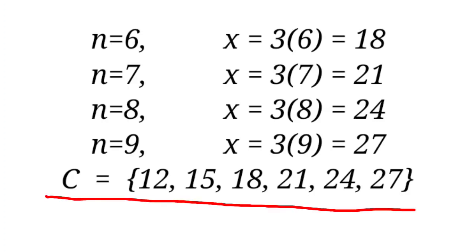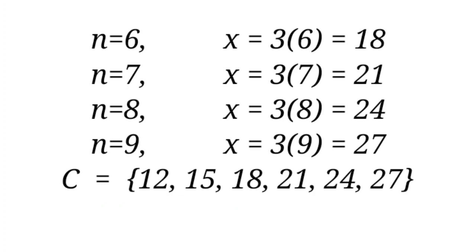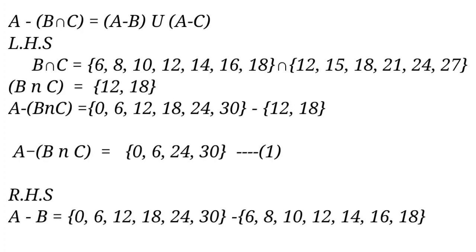Therefore, C is equal to {12, 15, 18, 21, 24, 27}. We got the roster form of A, B and C. Now we can prove A minus (B intersection C) is equal to (A minus B) union (A minus C).